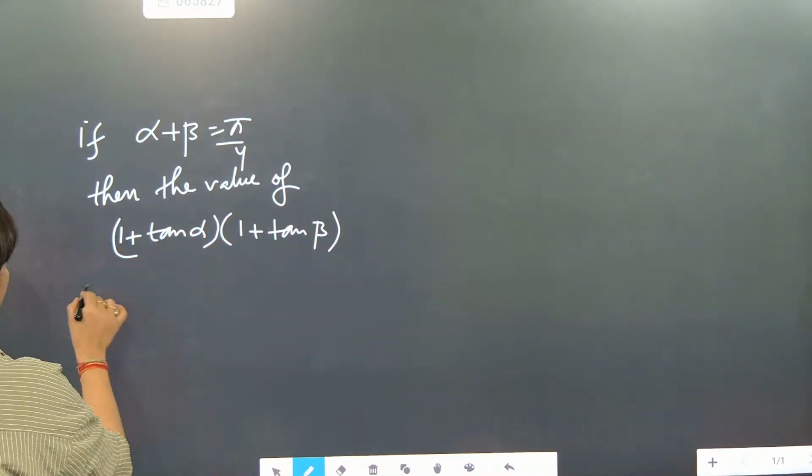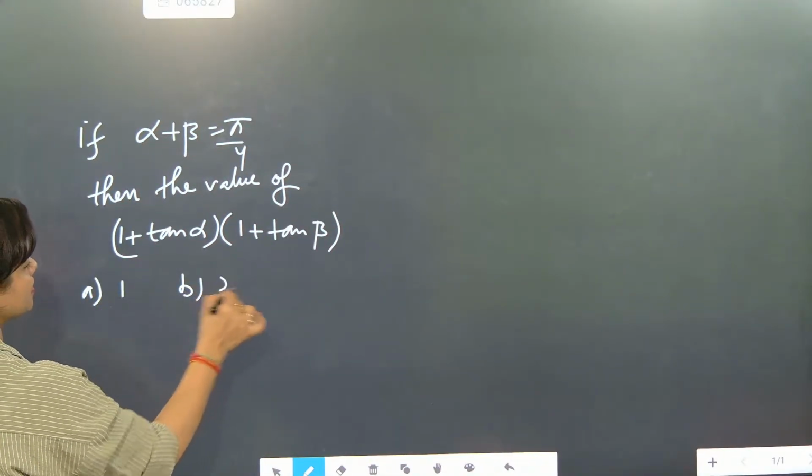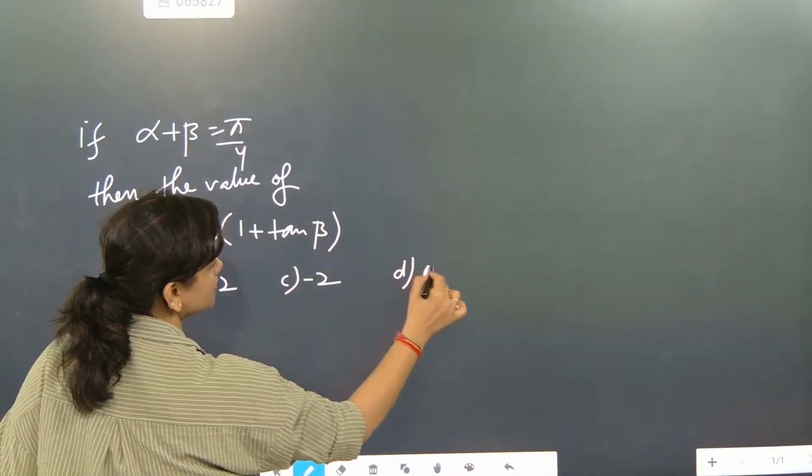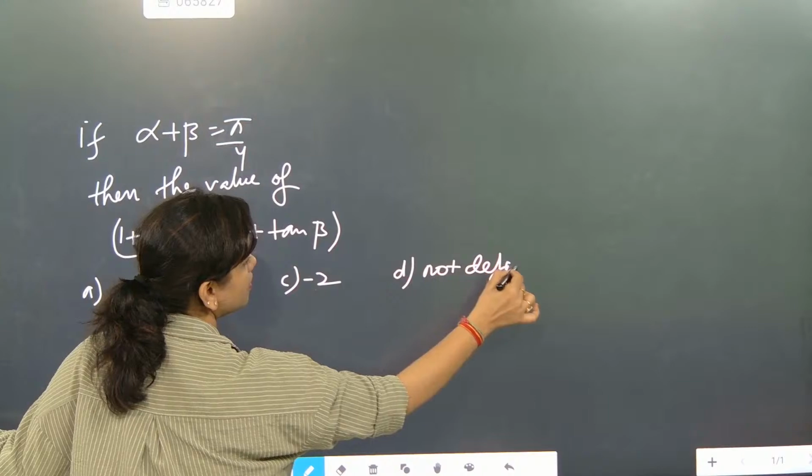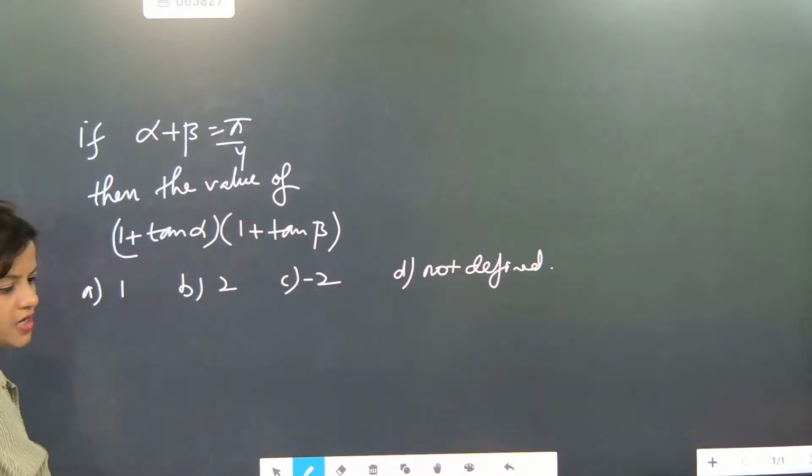Will be what? 1, 2, minus 2, not defined. What can be the expected answer? Try this question.